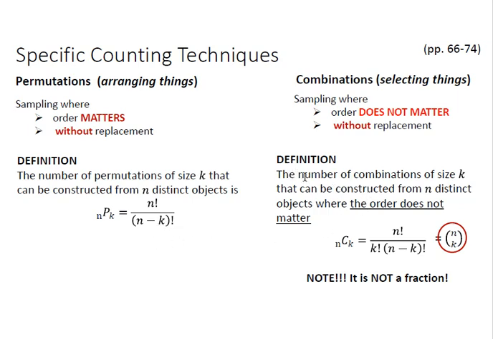And for the combination, the number of combinations of size k that can be constructed from n distinct objects, where order does not matter, is C(k out of n), and we can also use this notation for combinations, which is n factorial over k factorial times n minus k factorial.